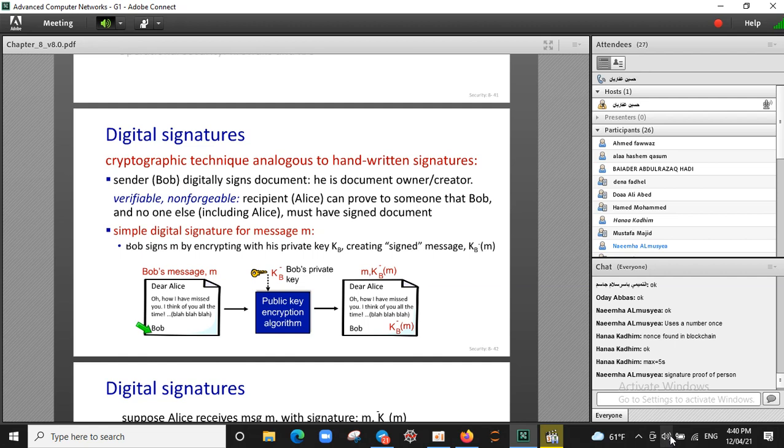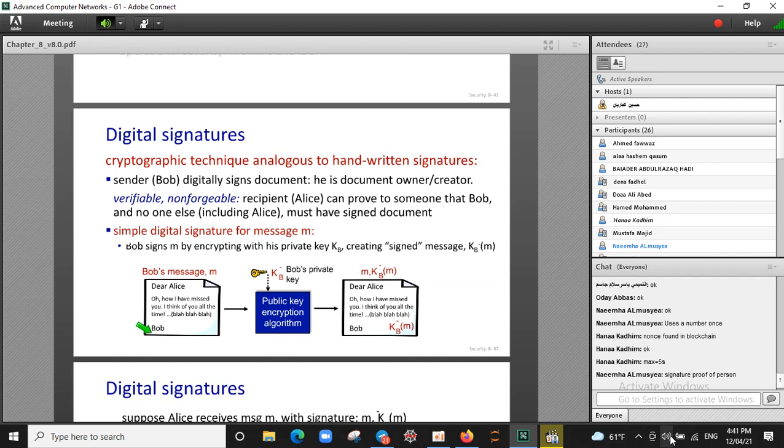With the strategies that we learned until now, it's simple.